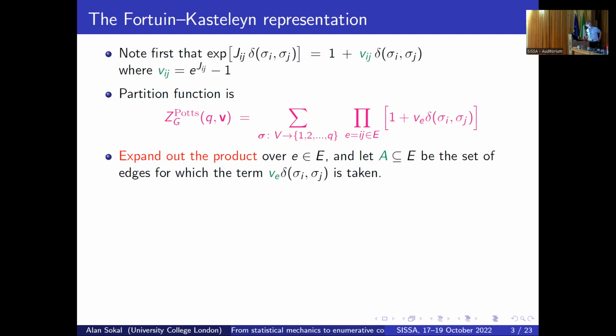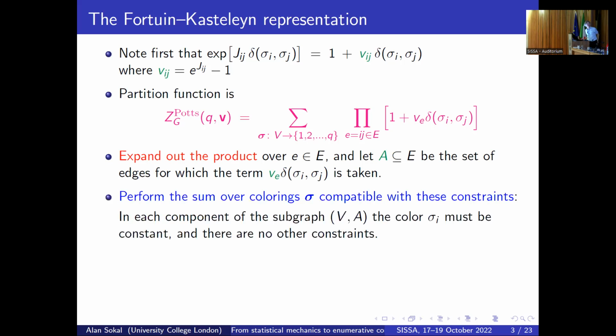And now we fix the edge set A and perform the sum over the colorings. That is, we interchange the sum over sigma and the sum over A. If you perform the sum over colorings sigma compatible with these constraints, what are these constraints?